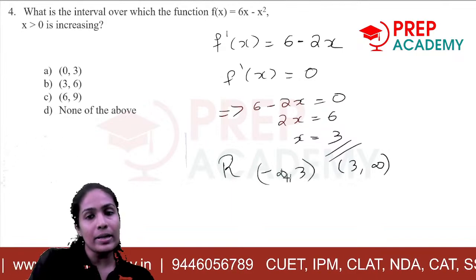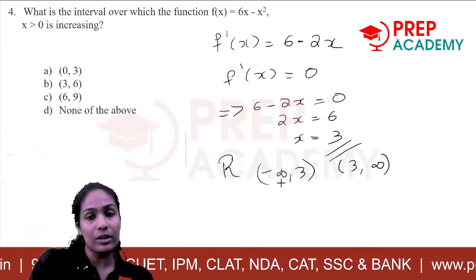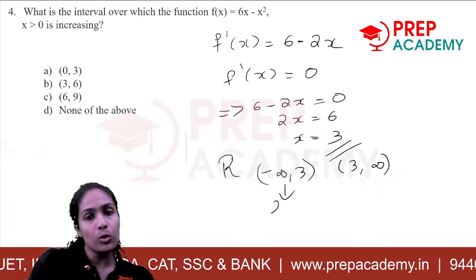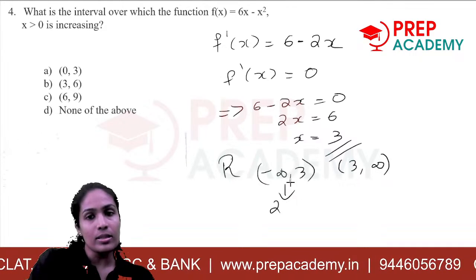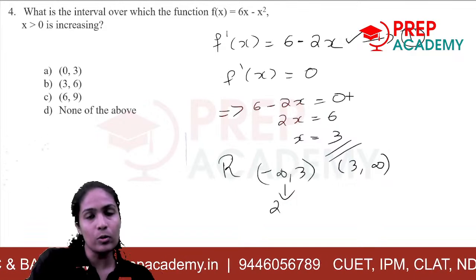In the interval minus infinity to 3, to check whether the function is increasing or decreasing, take a point from this interval. We can take 2. Substitute this 2 in f dash of x, that is, in equation 1.